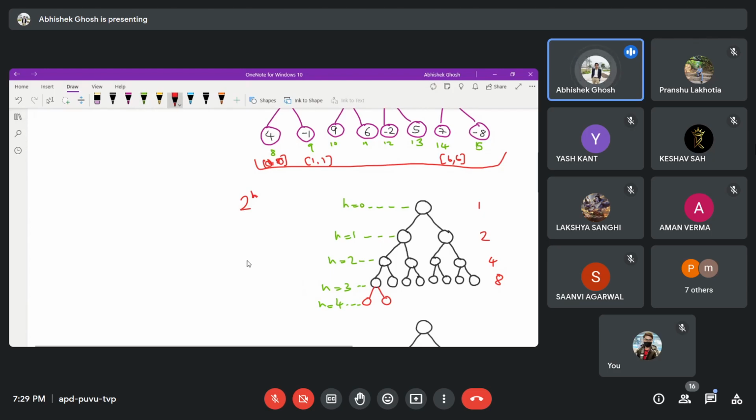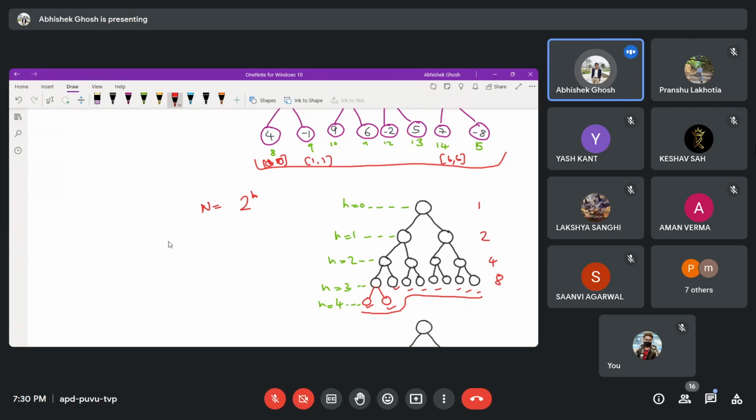So when n is 9, we have h is equal to 4. The number of nodes at a level is 2 power h, and the leaf nodes are basically the number of elements that we have. This is a leaf node, this is a leaf node, and all these are leaf nodes. 7 plus 2 is 9 leaf nodes, corresponding to the 9 elements of the array.